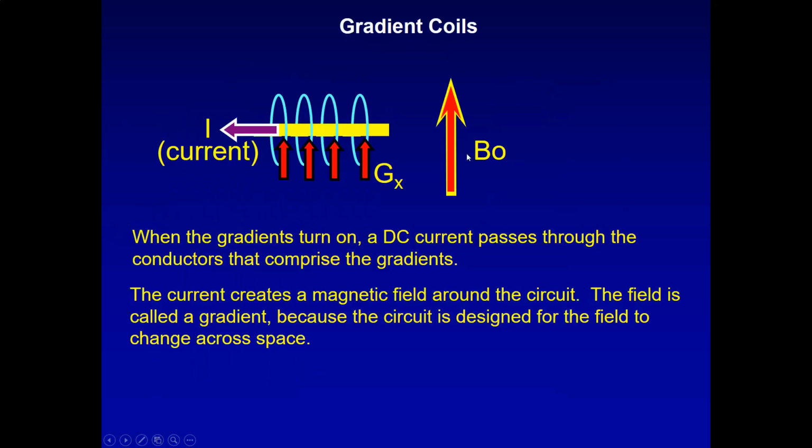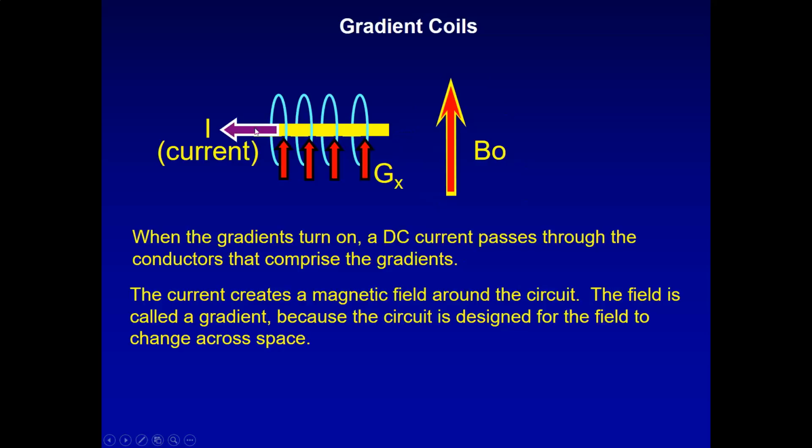All right, so as I described in that last slide, we have our B0 along the axis of the magnet. The gradient coils are not just straight lines, but they are wires, or sheets of conductive material.